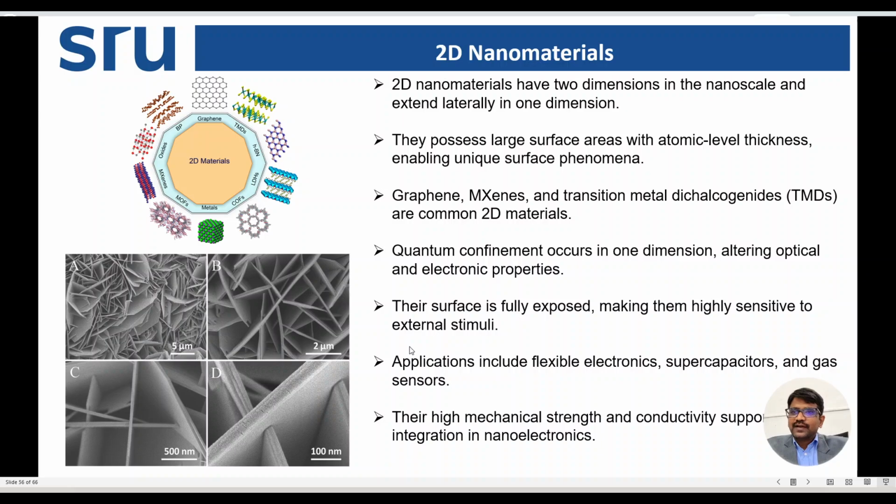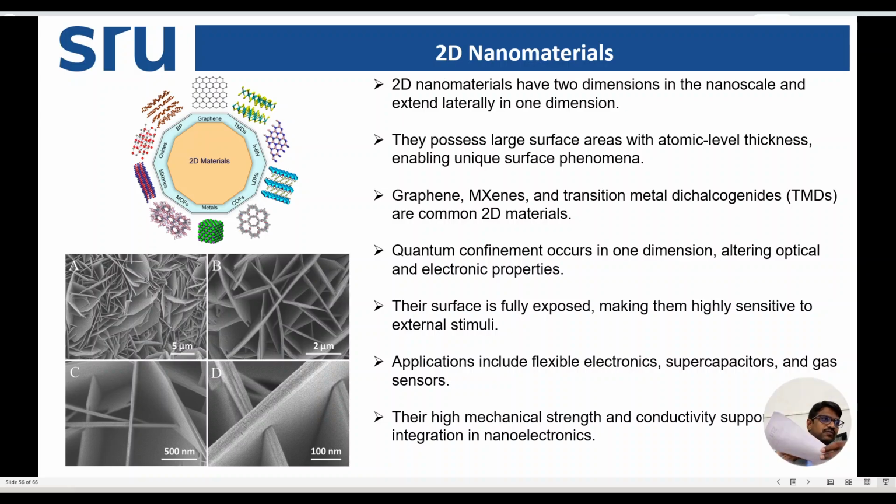So where do we find applications? Applications include flexible electronics, supercapacitors, gas sensors, and many other areas. As we discussed earlier, if you want to make rollable, flexible displays, you need such two-dimensional materials.